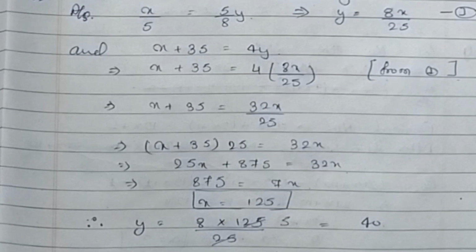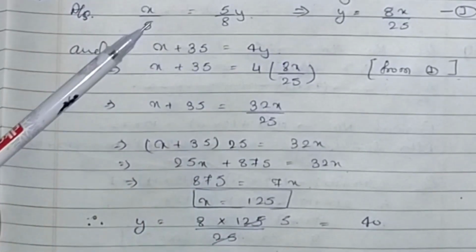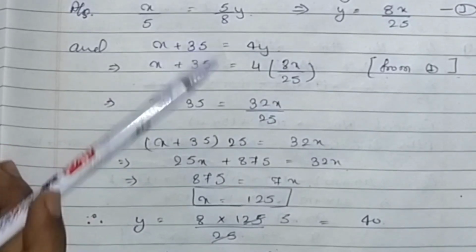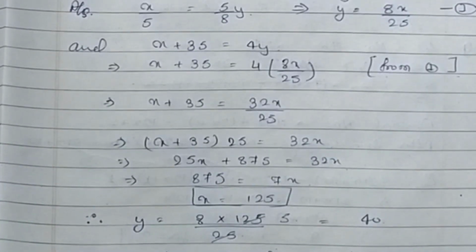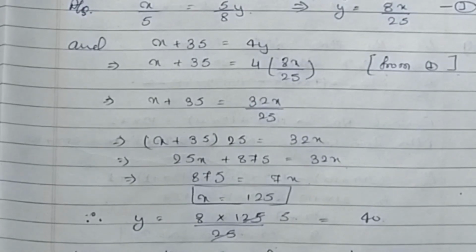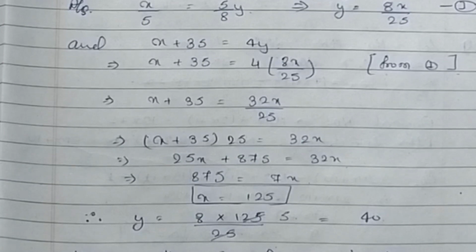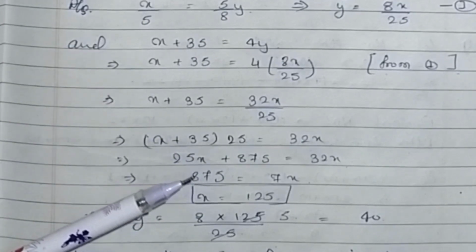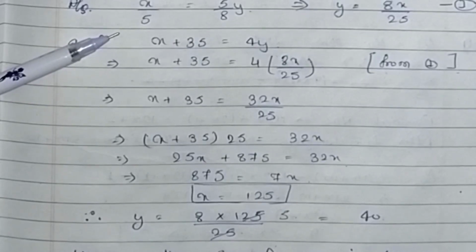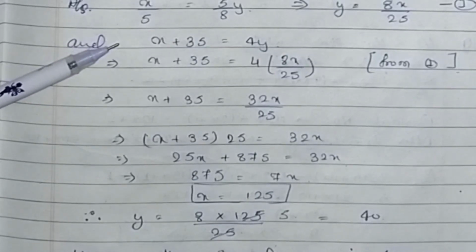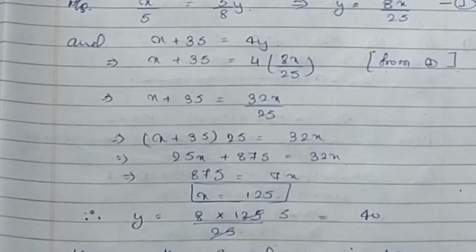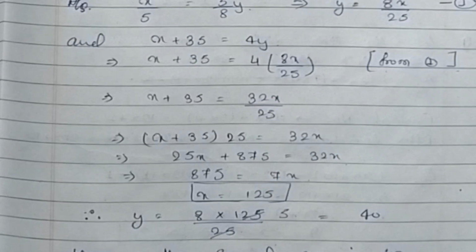Now from here you can also find the value of x, which is 25y/8. That will make your solution very easy, because you have to find the second number, so putting the value of x in this equation will give you the direct answer for the second number. But no worries, we have put the value of y to find the first number first, and then found the second number, which is also fine.